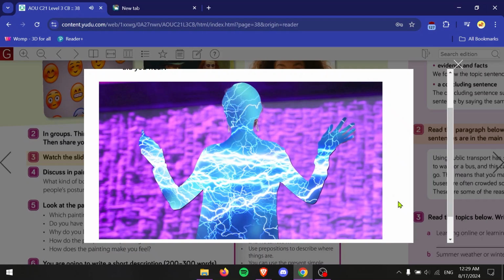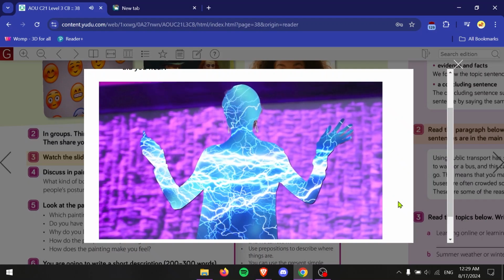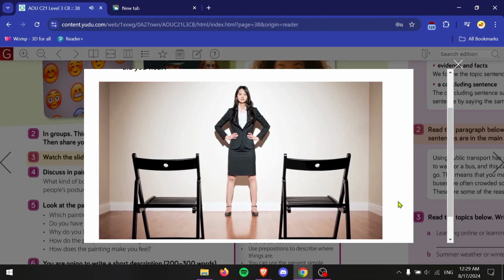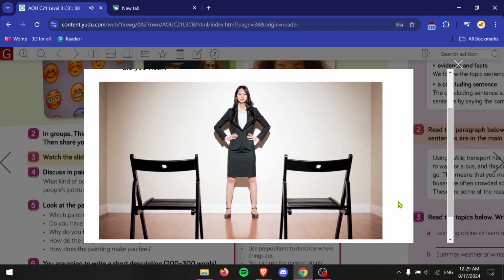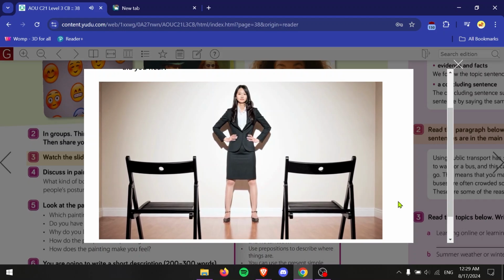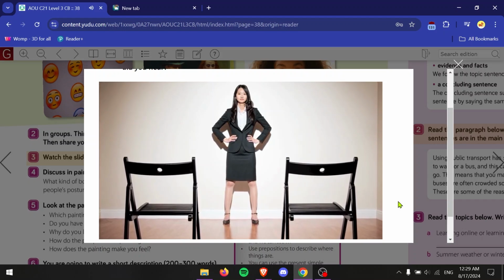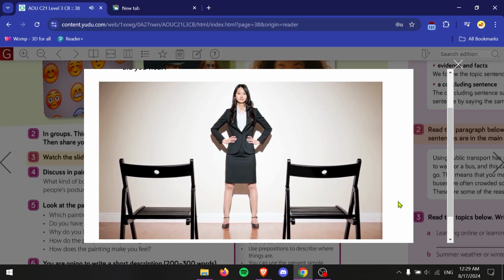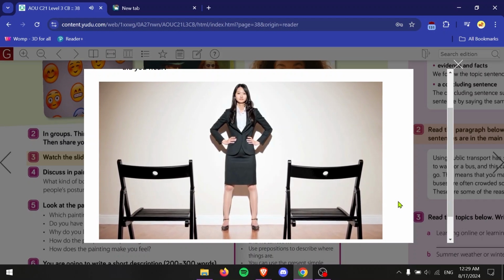Would you like to try? Find a quiet corner. Put your hands on your hips. Keep your back straight and hold your head high. Get comfortable. Breathe slowly and deeply. Now, hold the pose for 2 minutes. Don't laugh.